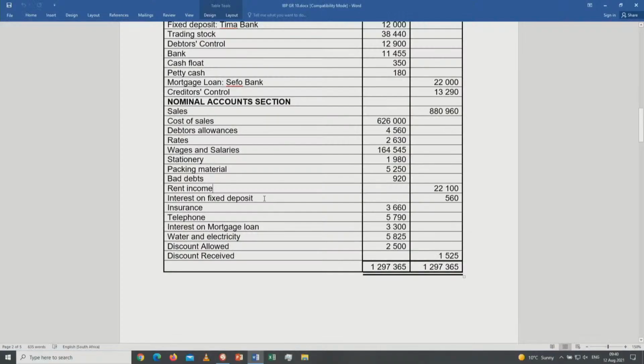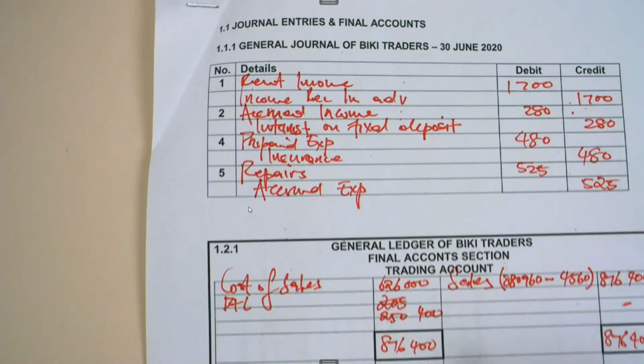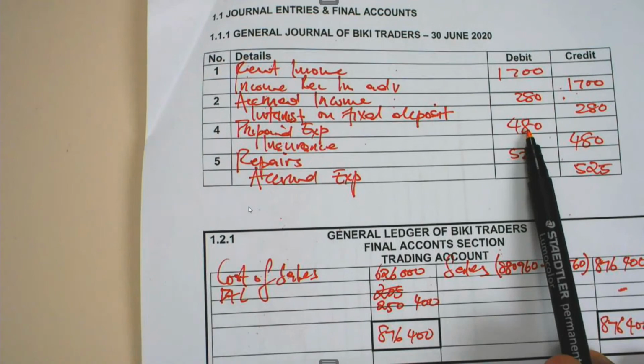Let's go back to our trial balance. Insurance. Insurance is an expense account. The balance there is 3,660. Remember, we had a prepaid insurance to the value of 480.